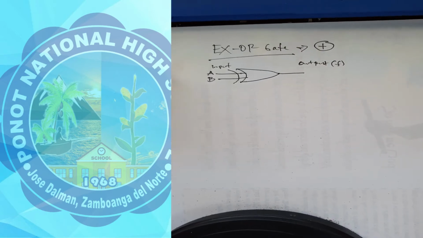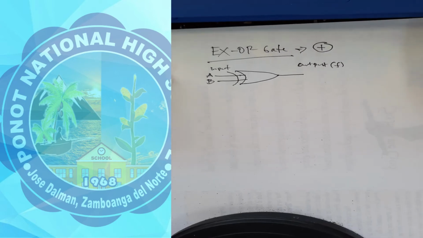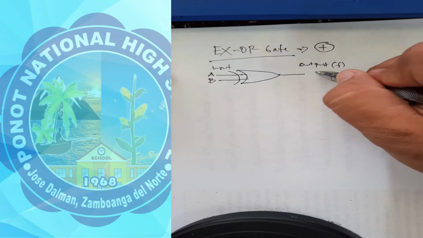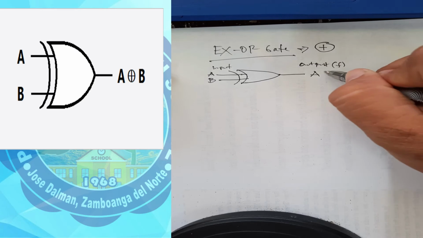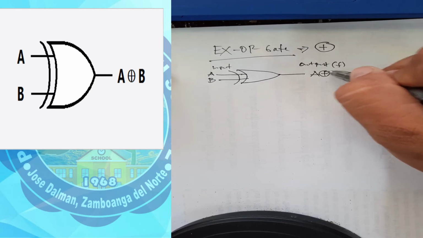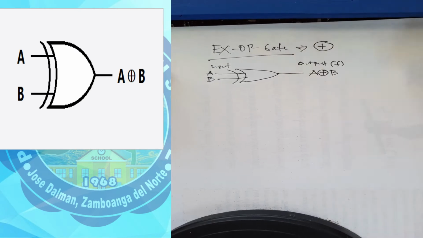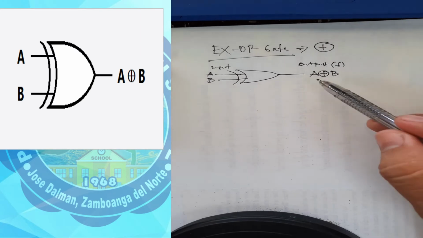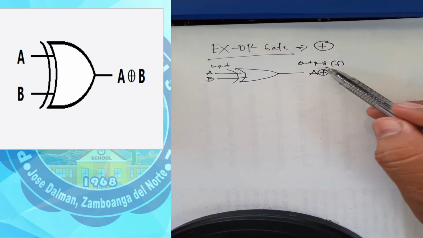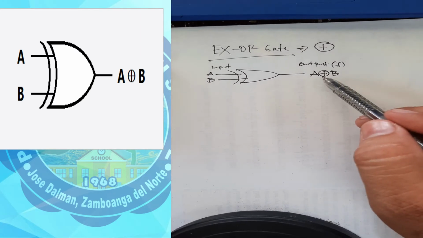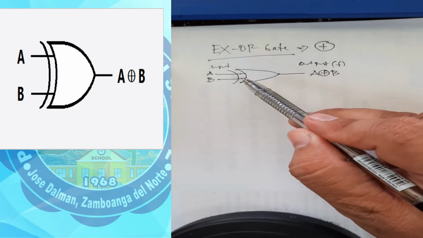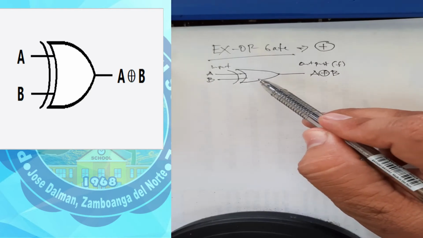So, the output will be A encircled plus B. If you encounter an expression like that, automatically that is an XOR gate. The symbol for that XOR gate is this one.